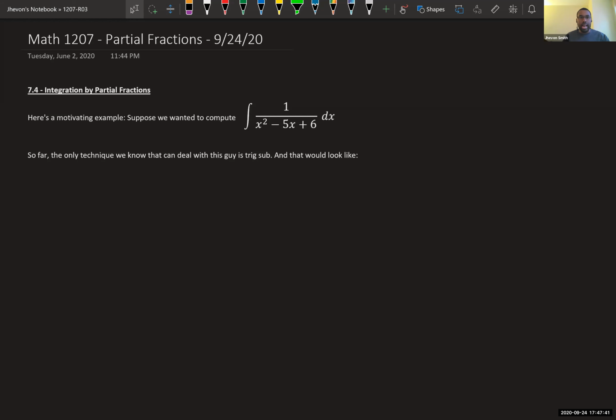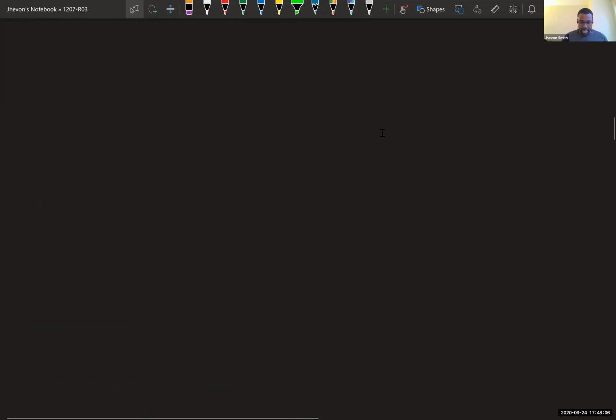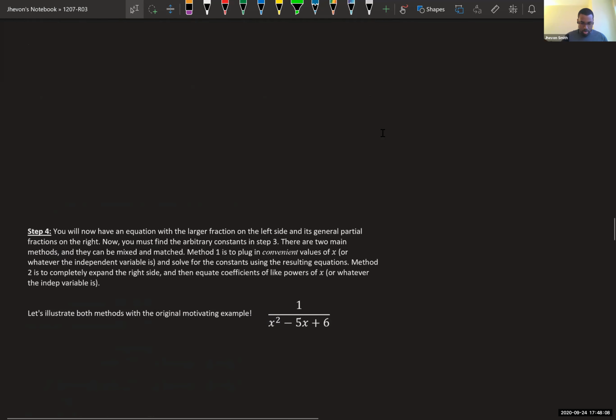You guys already have experience with a problem where this sort of thing would actually make a big difference. And chances are, if you do partial fractions on that problem, WebAssign is going to accept the answer, because even if you apply the trig sub first, which is completely unnecessary, partial fractions is how you'd finish it off. So now that we've spoken about that problem, I have a very similar example.